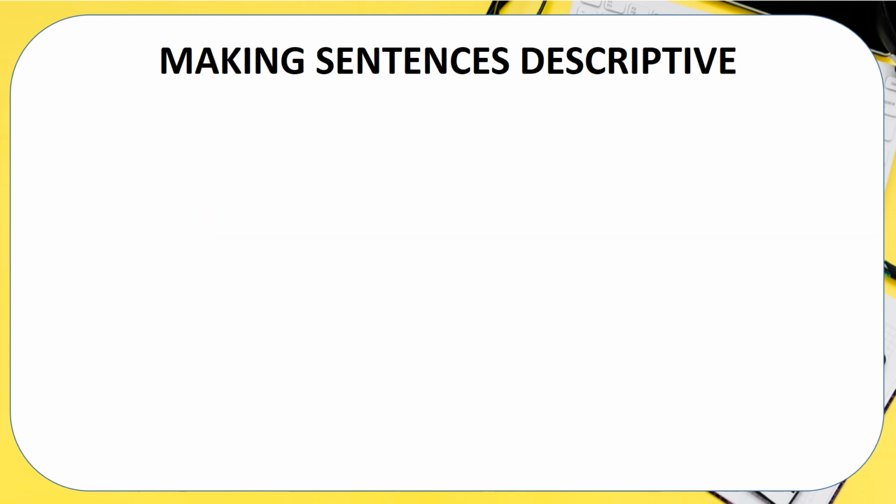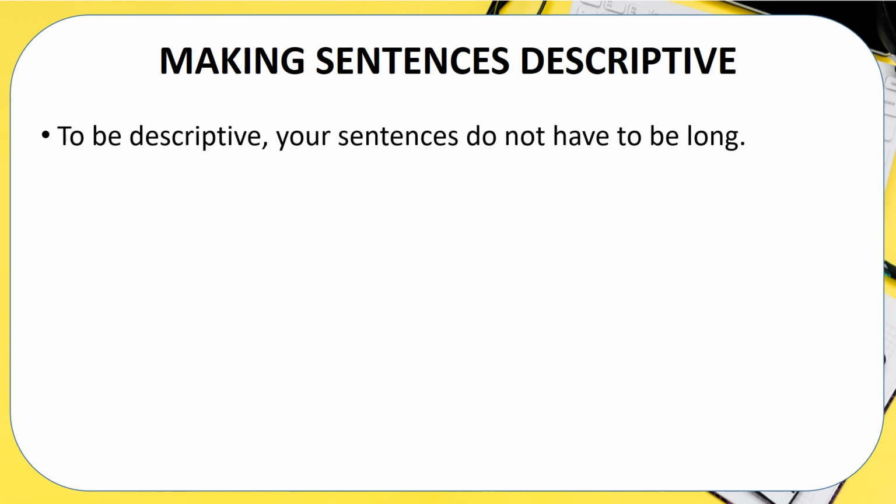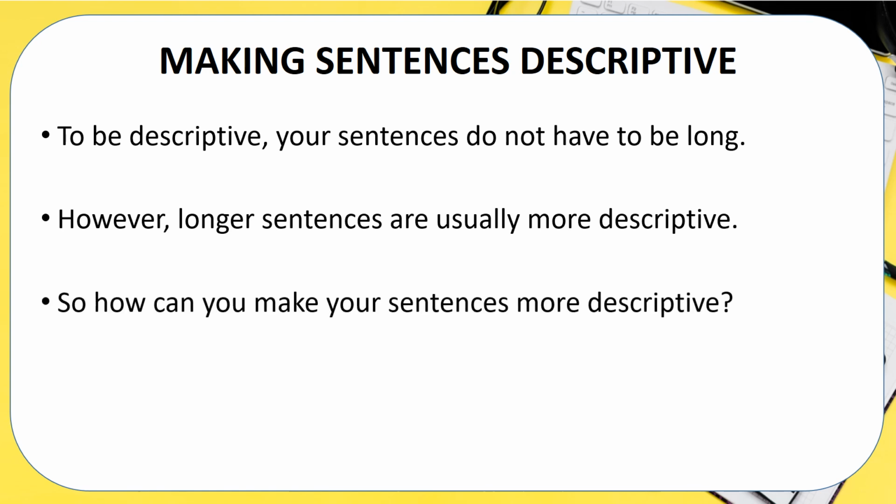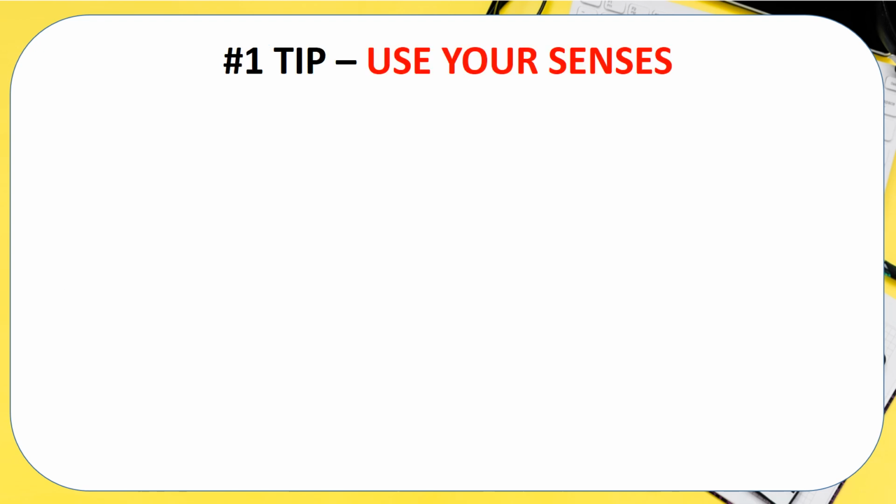In order to make your sentences more descriptive, your sentences do not have to be long. However, longer sentences are usually more descriptive. It's confusing, isn't it? Well, not really. Okay, so how can we make sentences more descriptive? Well, let's check it out. So the first tip is to use your senses.